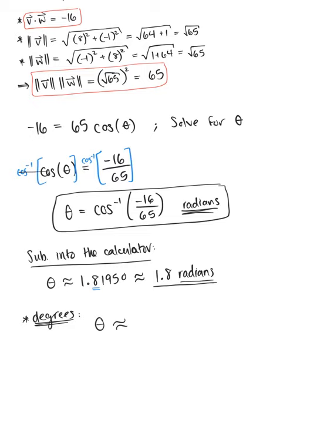So plugging the same inverse cosine of negative 16 divided by 65 into the calculator for degrees, theta is approximately equal to 104.25, and again rounding to the 10th place. So we can round up here and say that theta is approximately equal to 104.3 degrees.